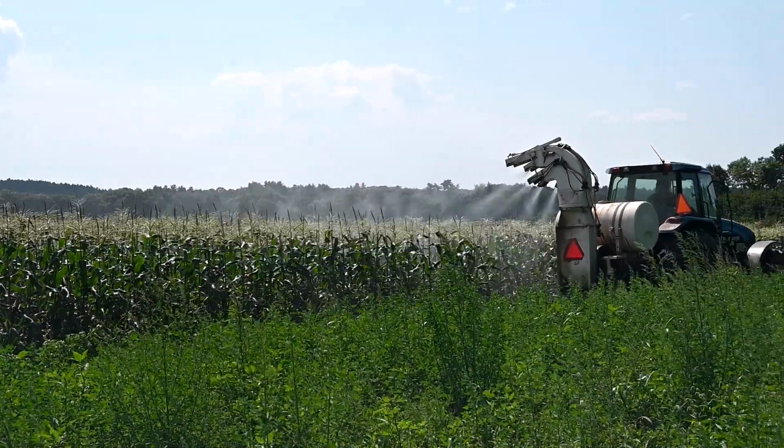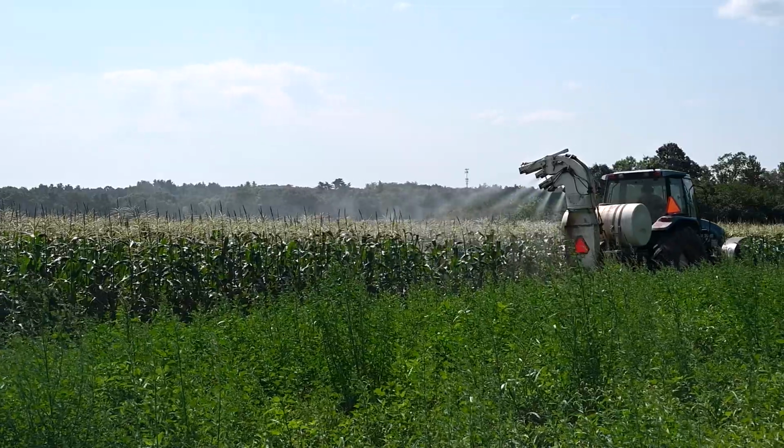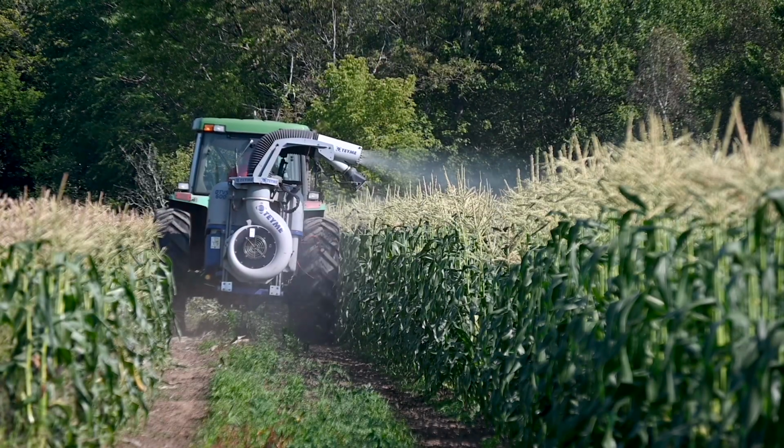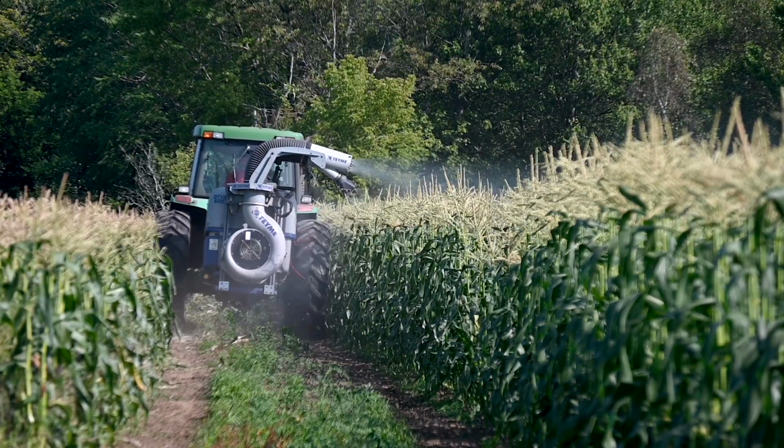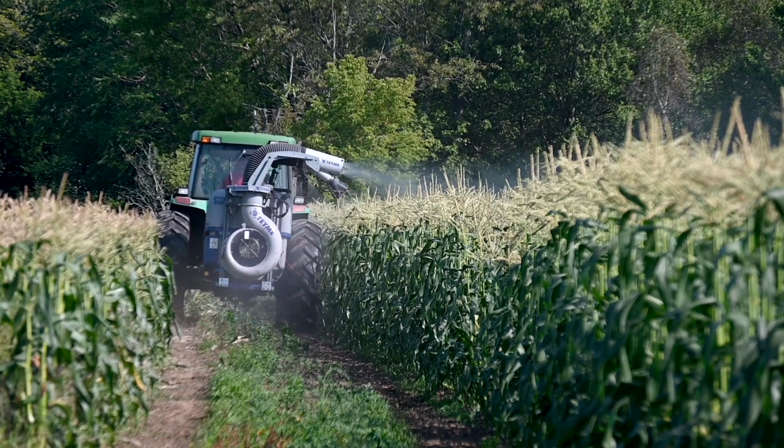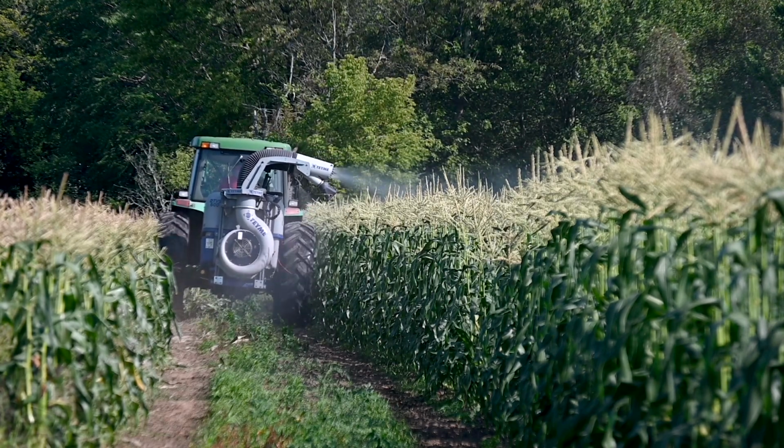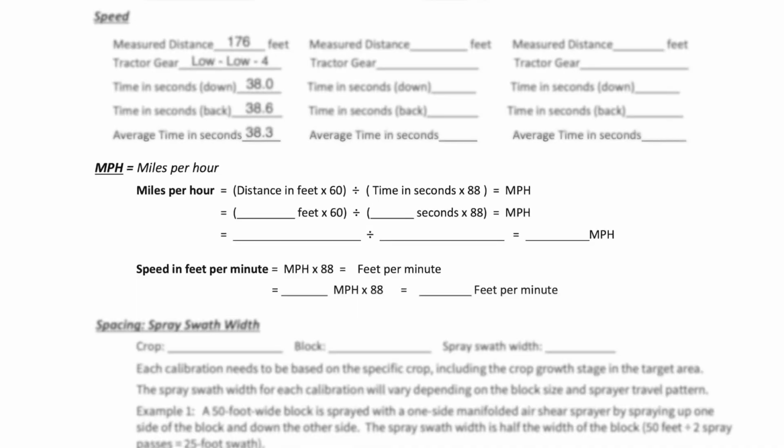Next, we'll convert the recorded times into miles per hour and speed per minute as part of determining how many feet per minute are being covered, and consequently, how much product is being applied at each foot. Calculate the distance in feet multiplied by 60, which comes to 10,560. Then divide that number by the time in seconds multiplied by 88, which we determined to be 3,370.